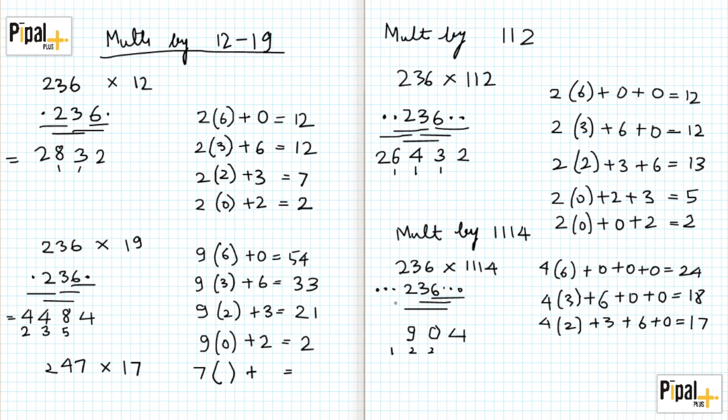The next set of 4 is 0, 2, 3, 6, right? So I do 4 times 0 plus 2 plus 3 plus 6, I get 11. 1 already waiting, so I write a 2 and carry 1. The next set of computation is 0, 0, 2, 3, these 4, right?